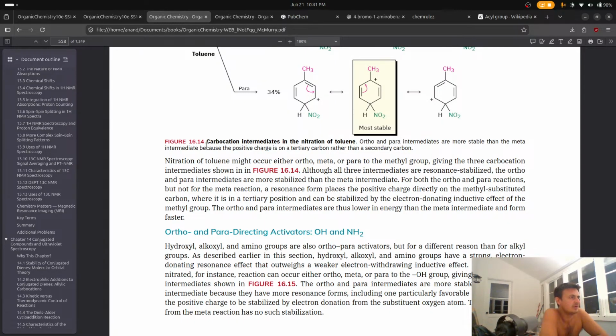Nitration of toluene might occur either ortho, meta, or para to the methyl group.